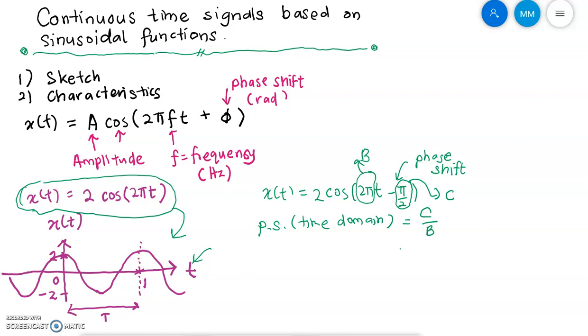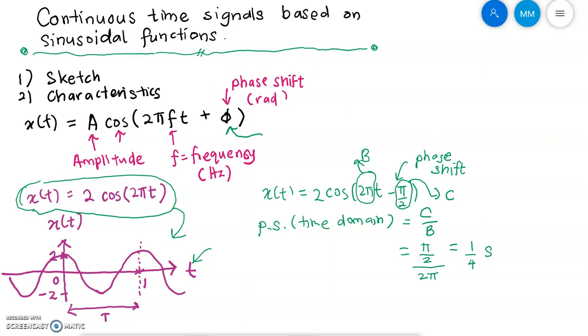So it implies that the value is pi over 2 divided by 2 pi. And when we solve this, we have 1 over 4 seconds. Now the phase shift in time domain is given in seconds, but the phase shift that we have in this domain is the phase shift in radians.